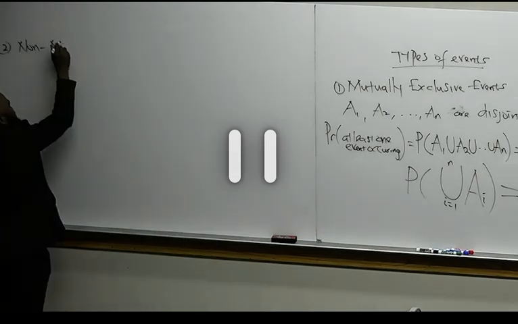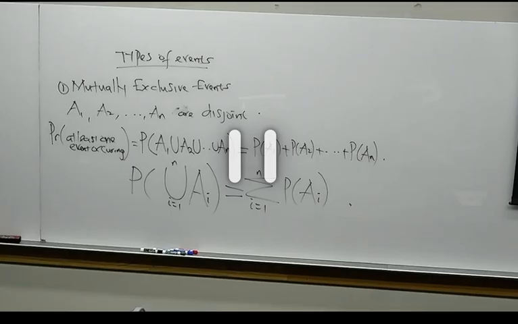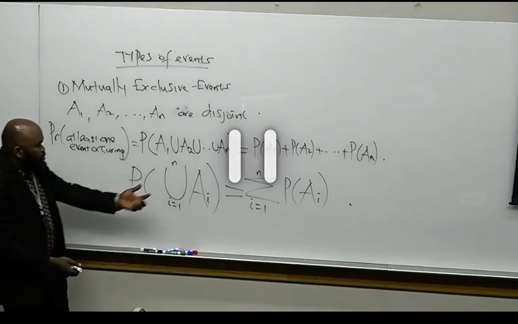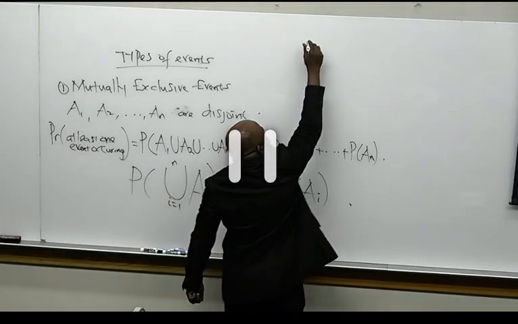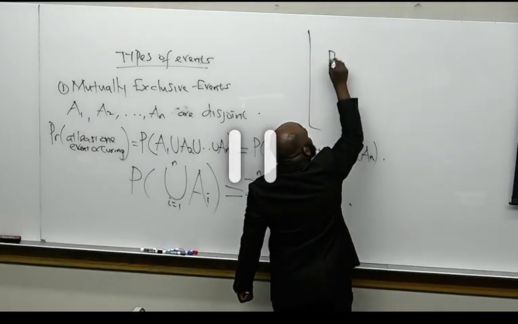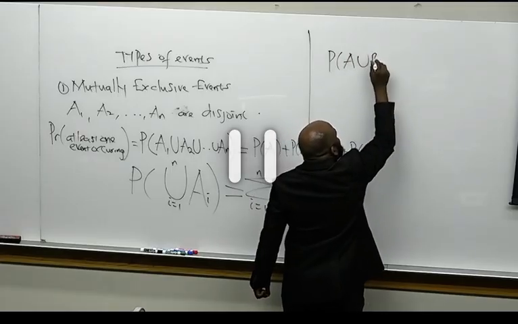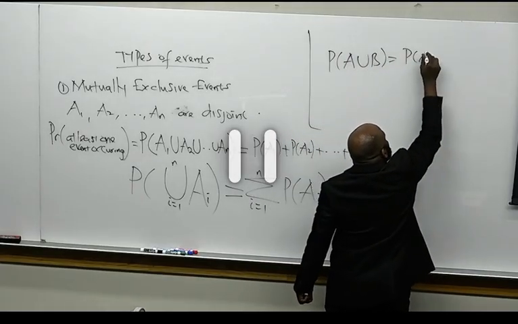Non-mutually exclusive events. If you only have two events, let's say events A and B, then the probability of the union is just going to be this.